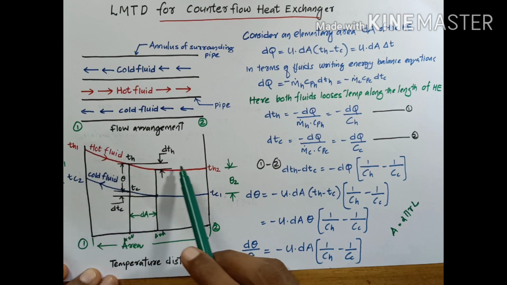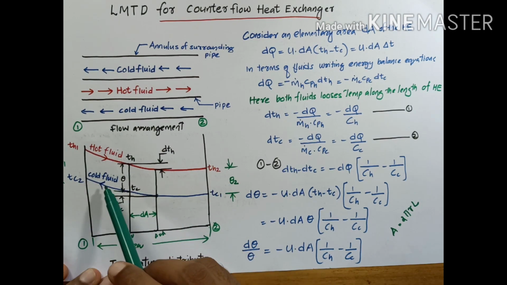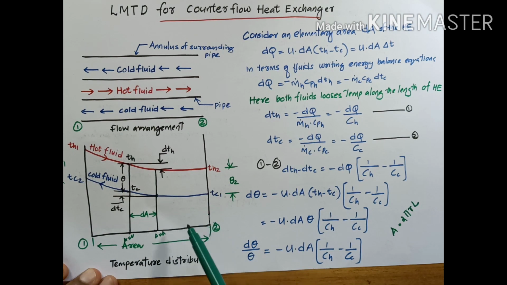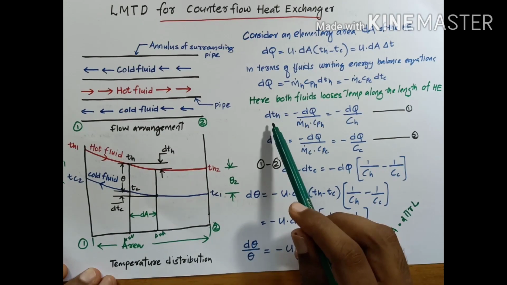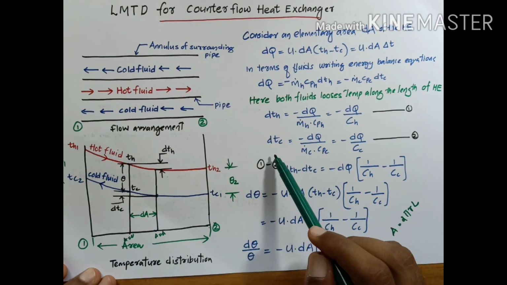The hot fluid is losing temperature, while the cold fluid is gaining temperature from the inlet portion to the exit portion. But when we analyze the area from 1 to 2, the cold fluid is also losing heat energy like the hot fluid. Okay. Then we need to write the dTh and dTc terms.